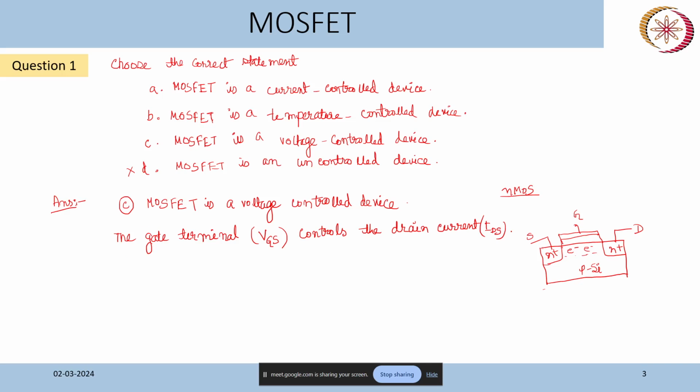What is the difference of this device MOSFET with BJT? In the last few weeks we discussed BJT. So what is the difference? In case of BJT, let me write down first. It is a current control device.